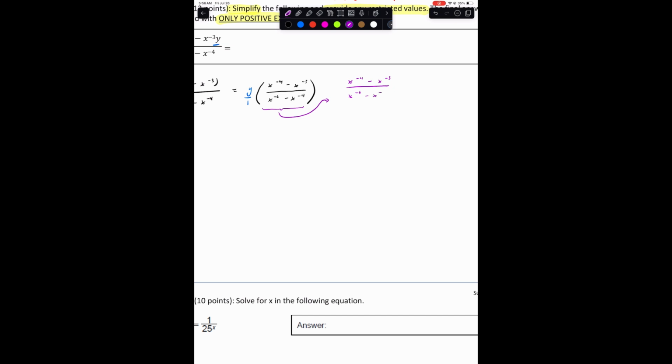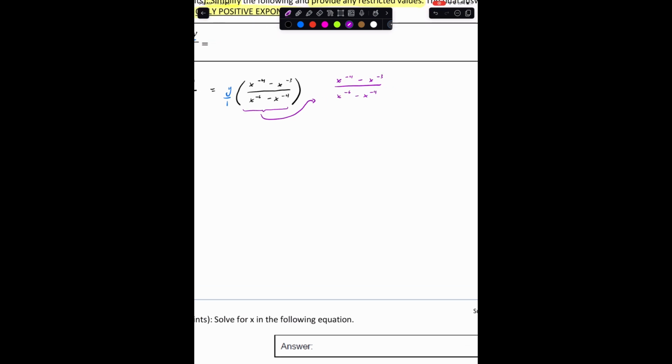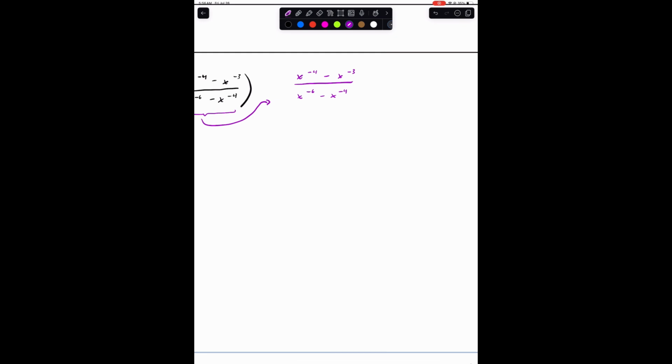So first things first, I want to deal with my negative exponents. Note that there are minus signs, so I cannot use the law here to flip. This is a big note. Cannot do.